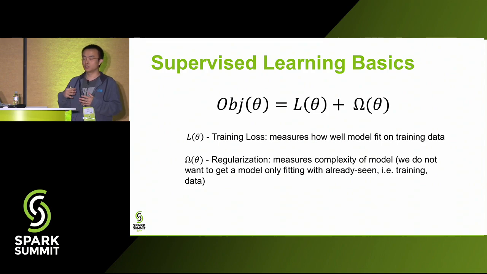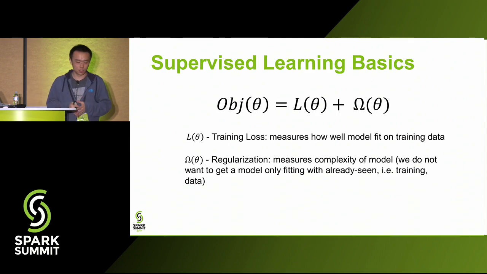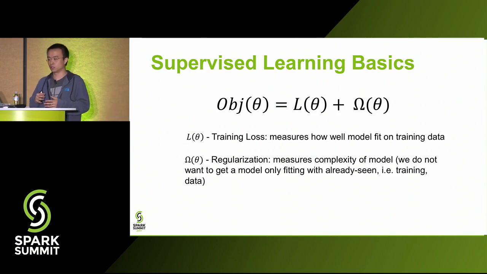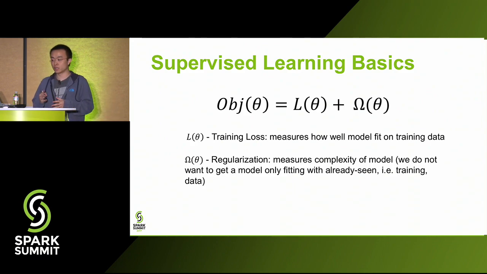So to achieve the goal, we introduce an objective function here. This objective function contains two parts. First is the training loss. This part measures how well our model will fit those labeled samples. That's the training data. And the second item is called a regularization item.